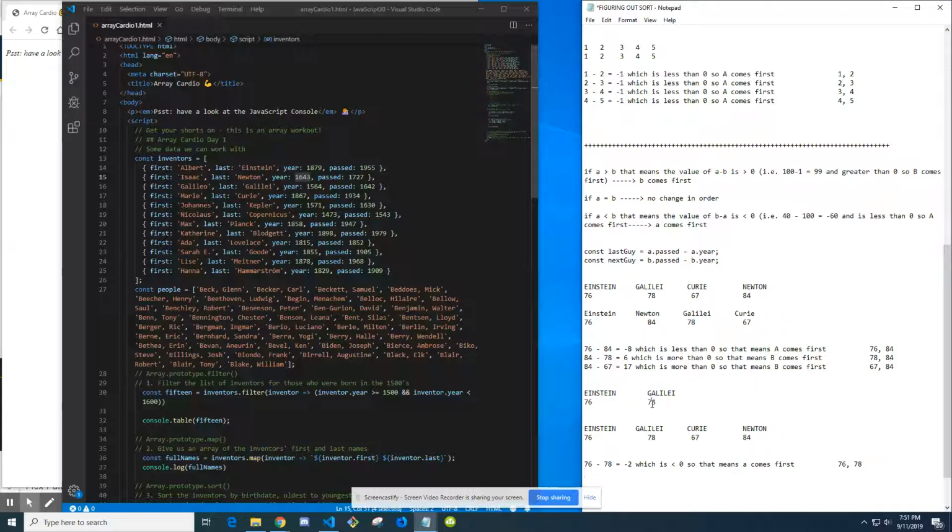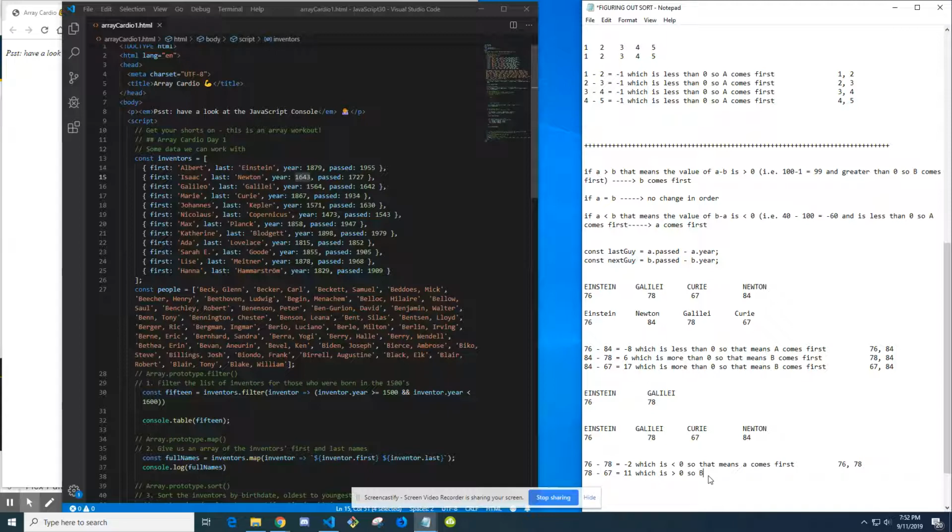So now we're comparing A and B again. So 78 minus 67 equals 11. Yeah. Which is greater than 0. And if something is greater than 0, that means B comes first.